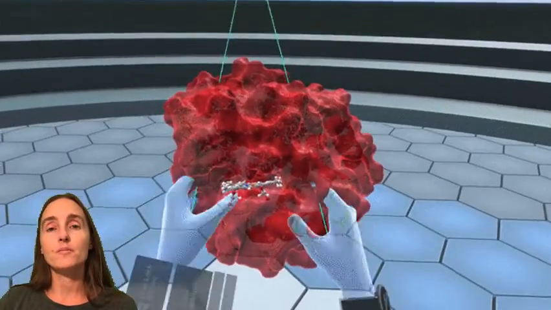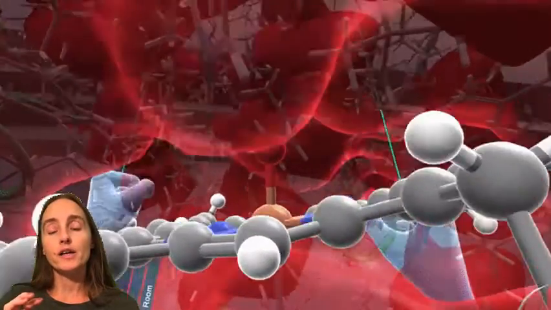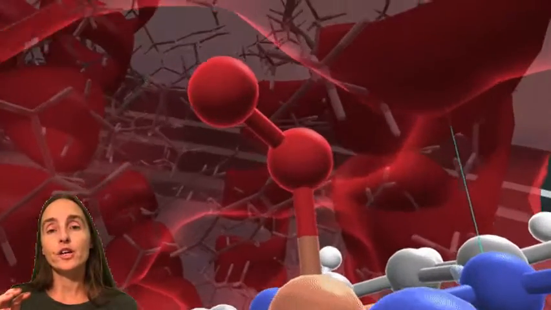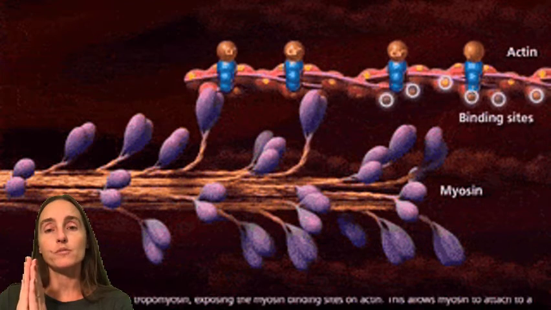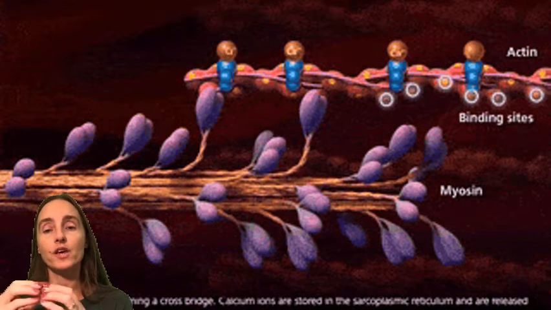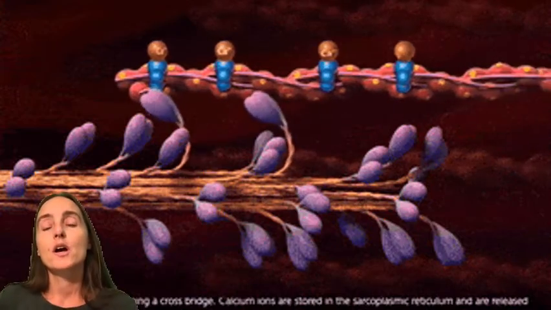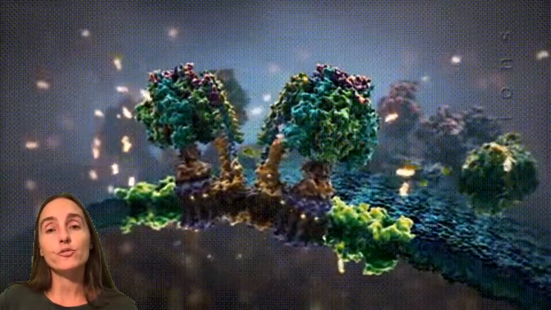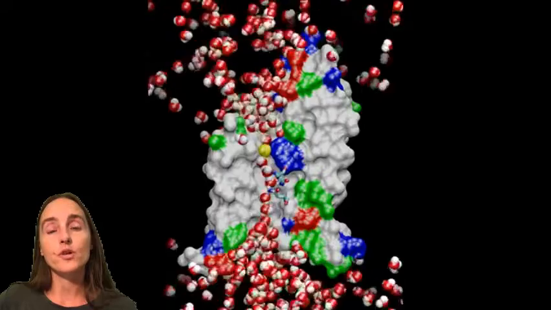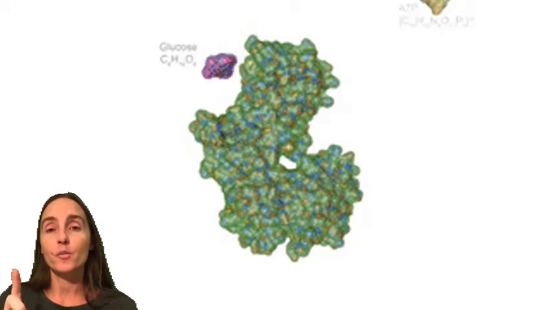They'll have maybe a pocket where they can hold iron if they're hemoglobin. They may have a very specific structure that helps them support a cell, like a structural support. They may be shaped into a protein channel that goes through the membrane that only allows certain molecules in, but their shape is very, very important.